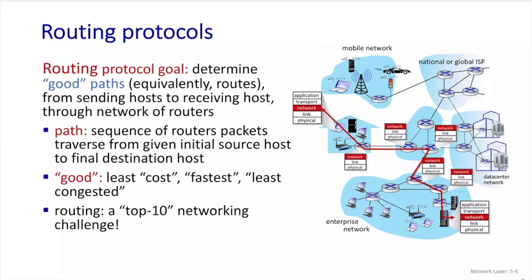So it really depends on how you define good. We have several different metrics, but in the current internet, we usually use the number of hops to determine the cost and to determine what is a good path.